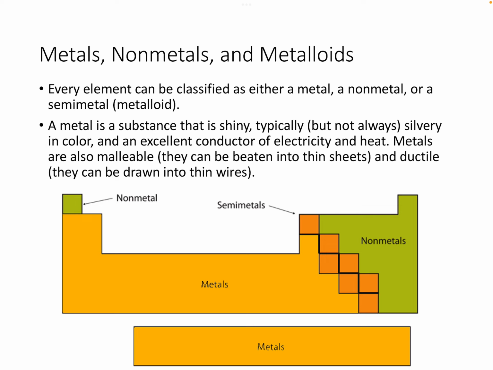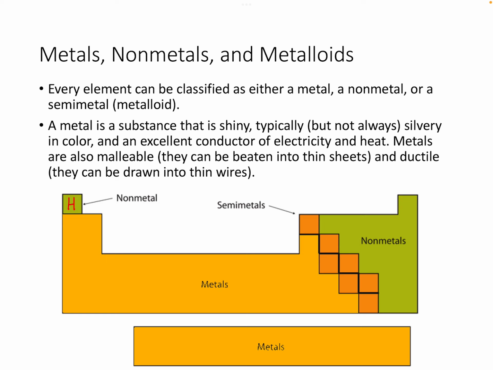And you'll also notice down below, the majority of the elements on the periodic table are classified as metals. So that entire left-hand side of the periodic table and the middle, those are all metals. One exception you'll notice is hydrogen. Hydrogen is a non-metal because remember, hydrogen is a gas.